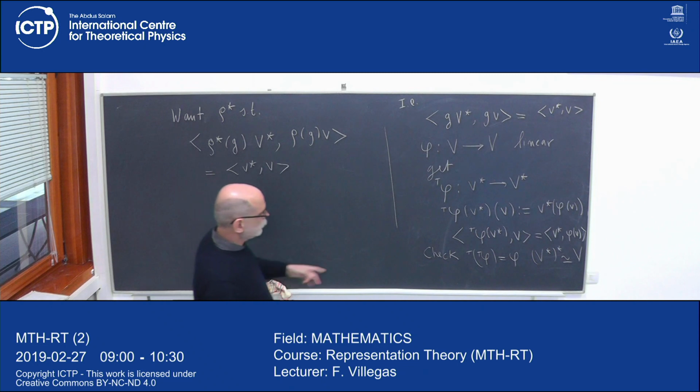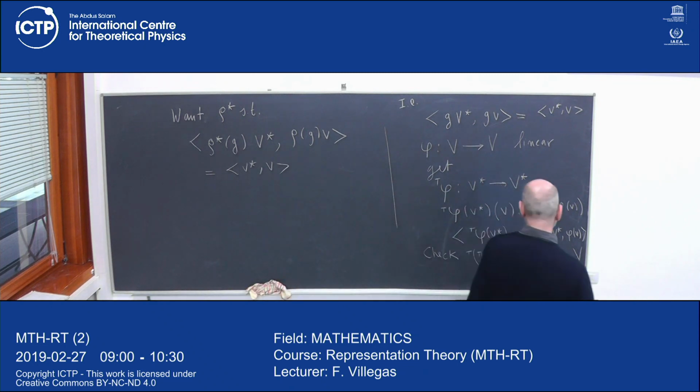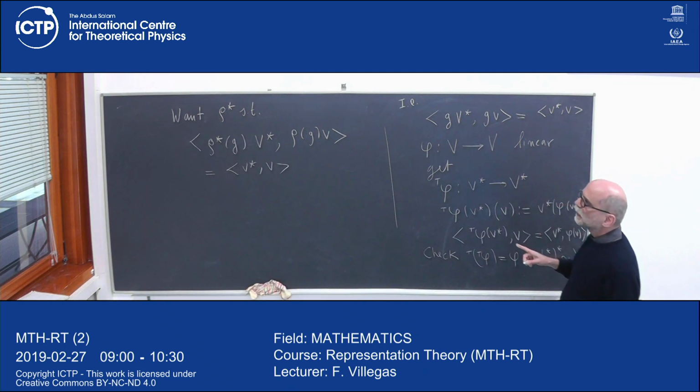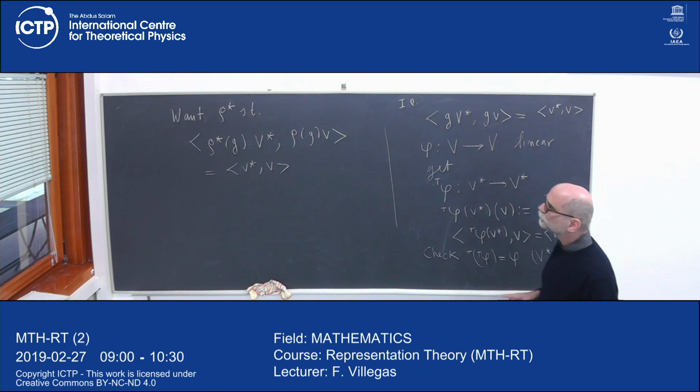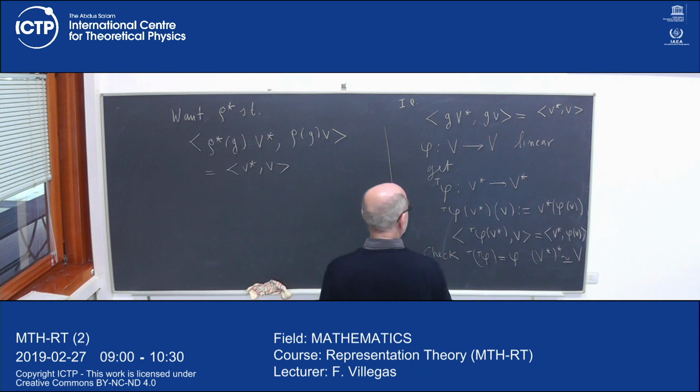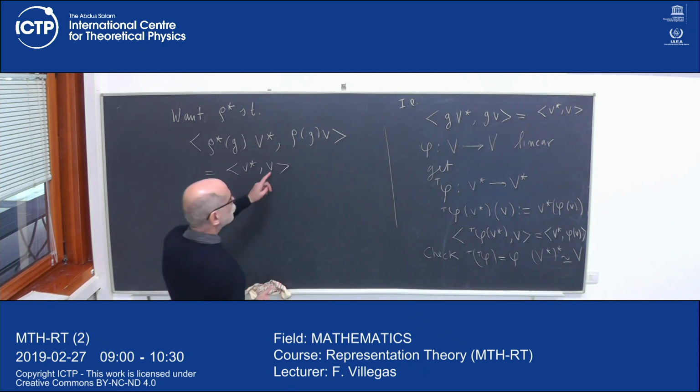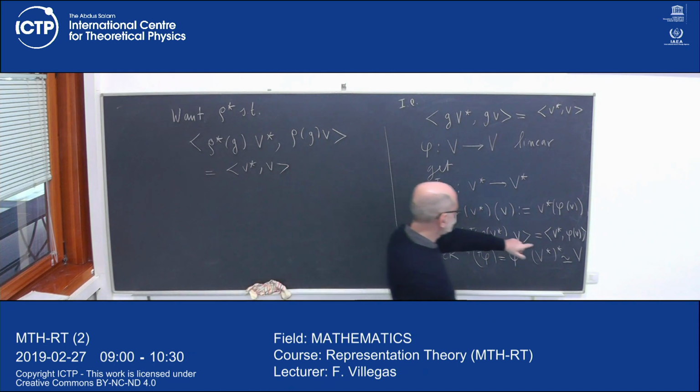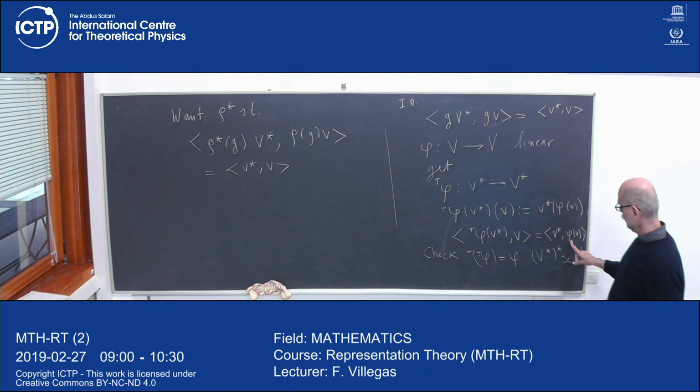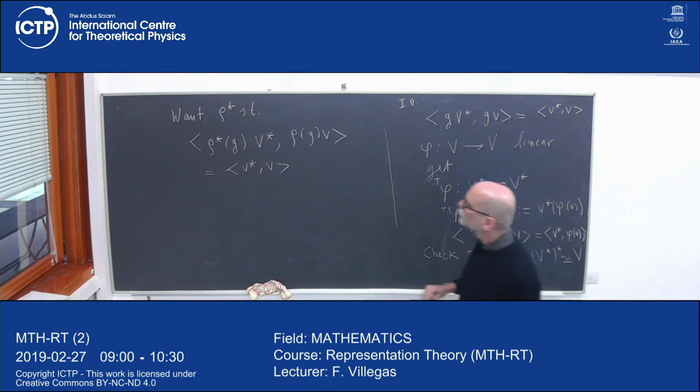Okay, so now we can use this transpose thing and move the I'm going to take phi to be rho of g.